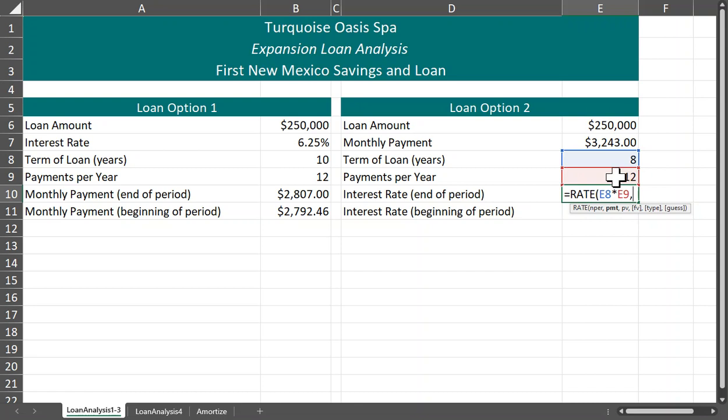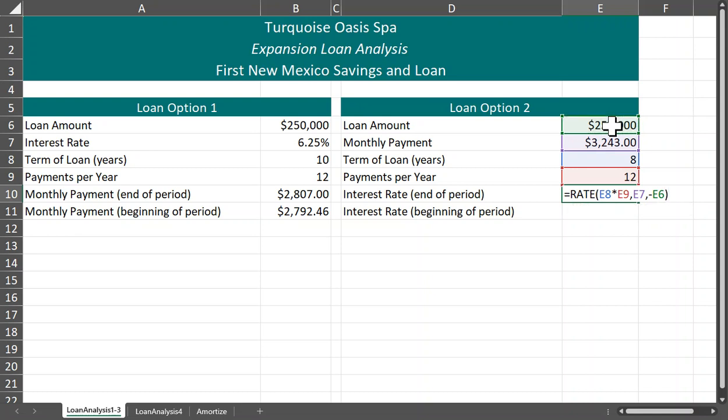The payment will be, let me get my notes here, that'll simply be E7. When you're doing a rate or a number of periods, only one, either the payment or the present value, needs to be entered. So hit comma, and then we'll do negative E6. We're not going to worry about anything else, so we'll just close our parenthesis.